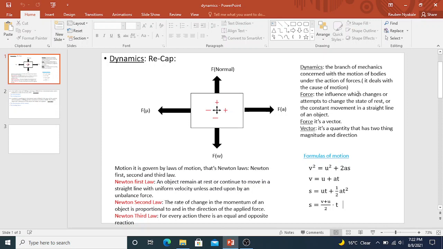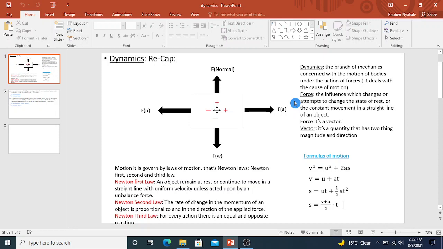A force is defined as the influence which changes or attempts to change the state of rest or the constant movement in a straight line of an object. Yes, I would agree with you saying force is a pull or push, but for now, can we stick with this definition because it makes more sense?